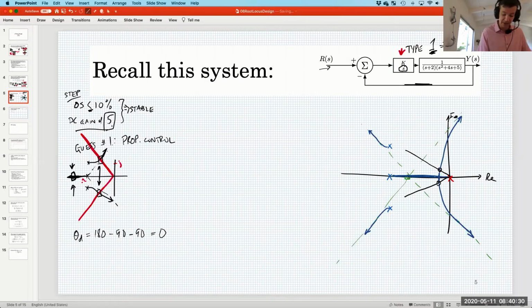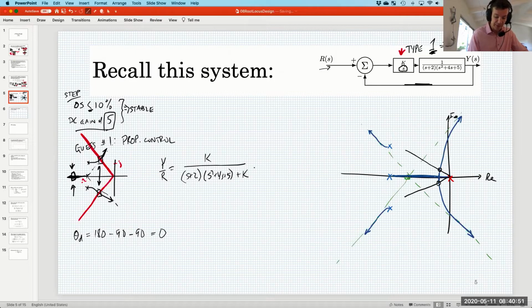And to do that, that actually is something that you can't directly do from the root locus diagram. To do that, we'd have to go and get the closed loop transfer function. So this would be K, if we're just using proportional control, over (s plus 2)(s squared plus 4s plus 5 plus K).